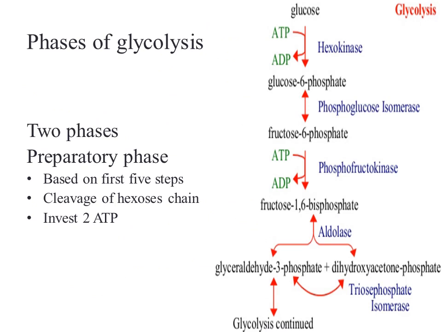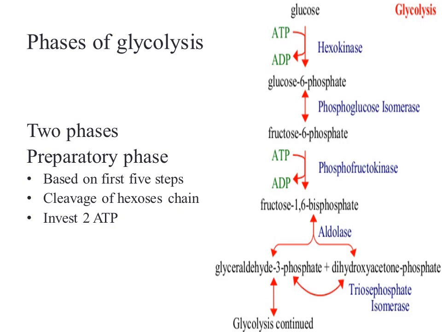So, let's start glycolysis. It has two phases. One is called the preparatory phase, to prepare the reactant to enter into glycolysis, and the other one is the payoff phase.